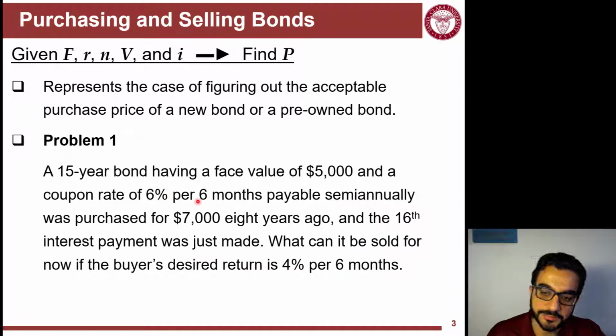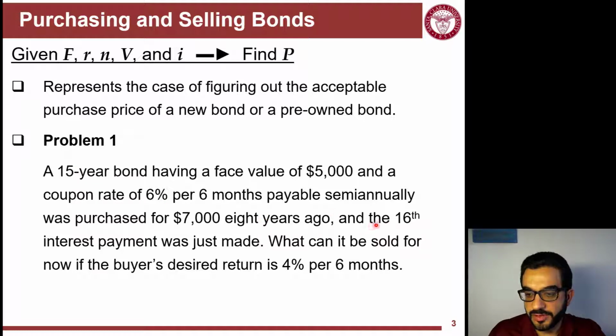So this means it's a period rate, and the bond was purchased for $7,000 8 years ago. So now, in the present time, that is how old this bond is, which means it has 7 years left until the end of its maturity.